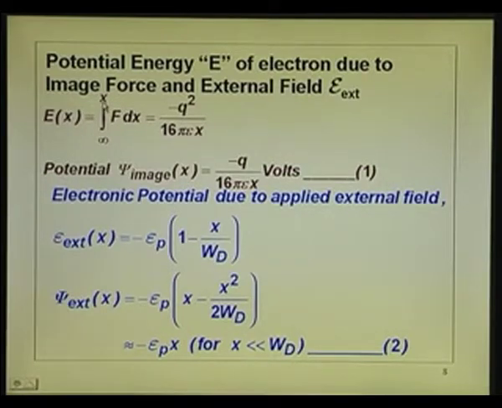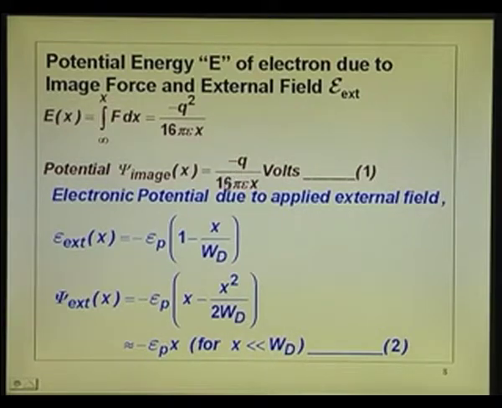So, energy is the integral of that. I am going through this quickly because we have discussed it yesterday. That is the energy, the integral of the force, q squared by 4 pi epsilon x instead of x squared, and the potential we are talking of is the electronic potential. That is actually minus.